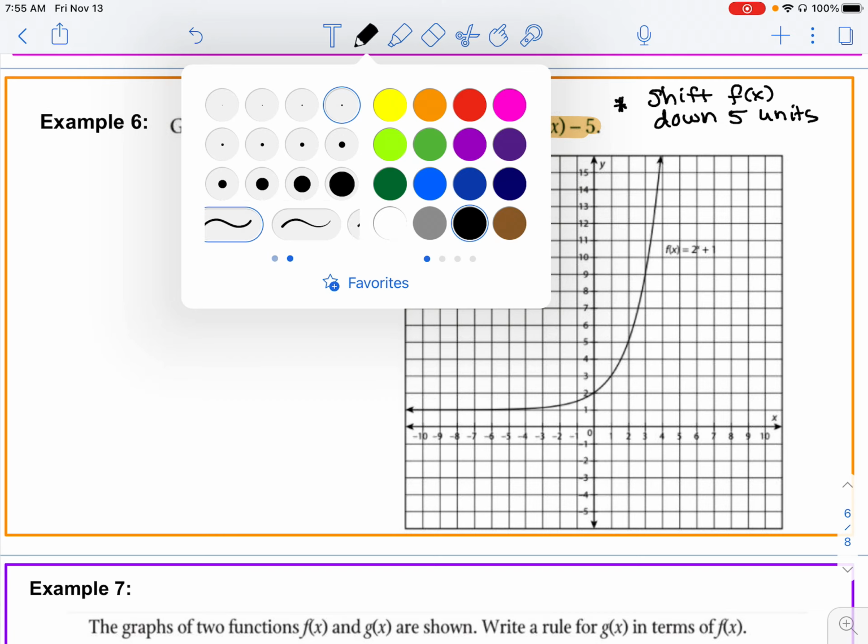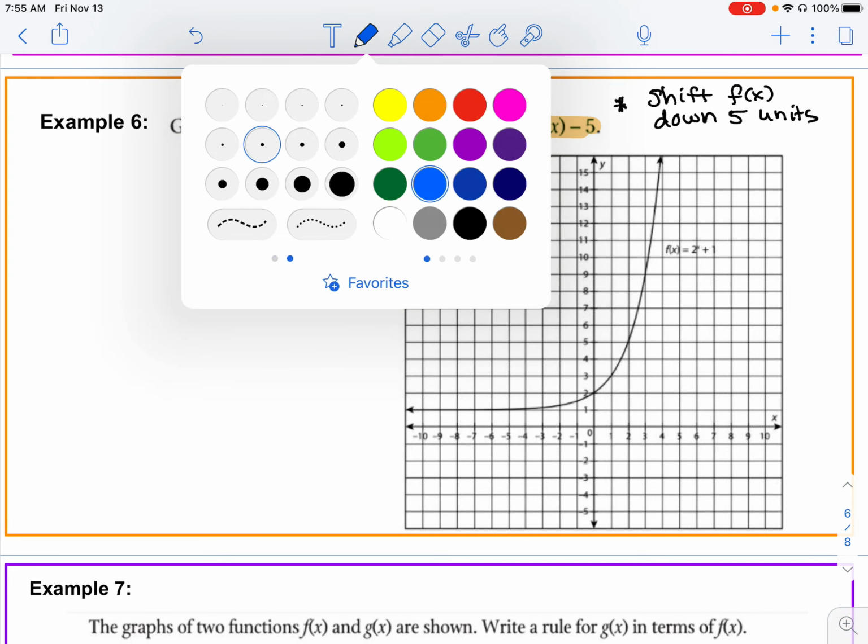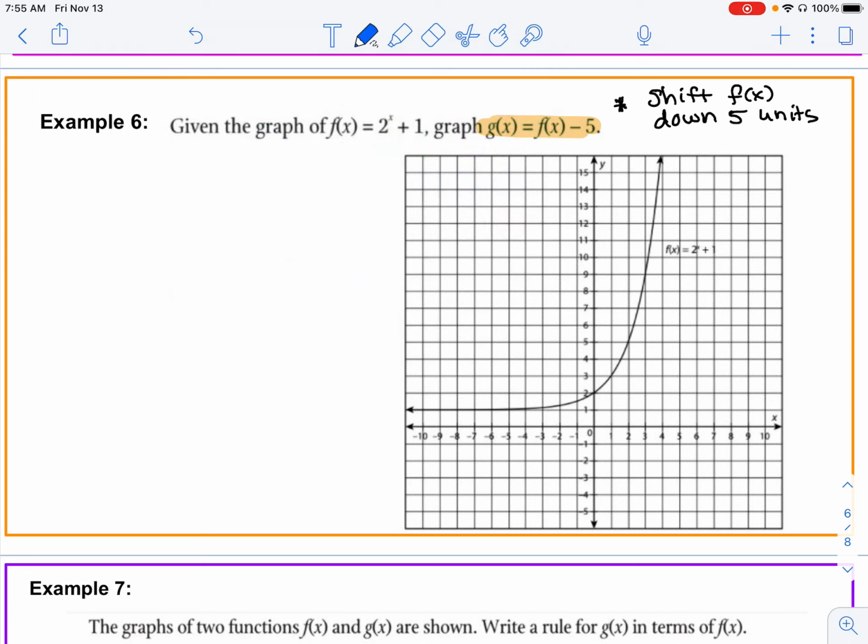Well, an easy way to do this would be, remember, this is an exponential function, so it's going to have an asymptote. So if I look at where my asymptote is right now, it's at the equation y equals 1. So let's go ahead and shift that down 5 units.